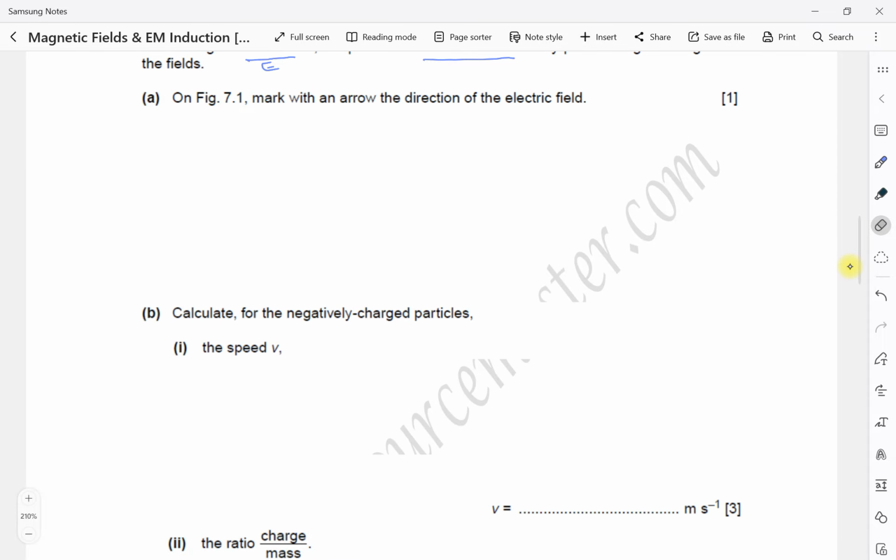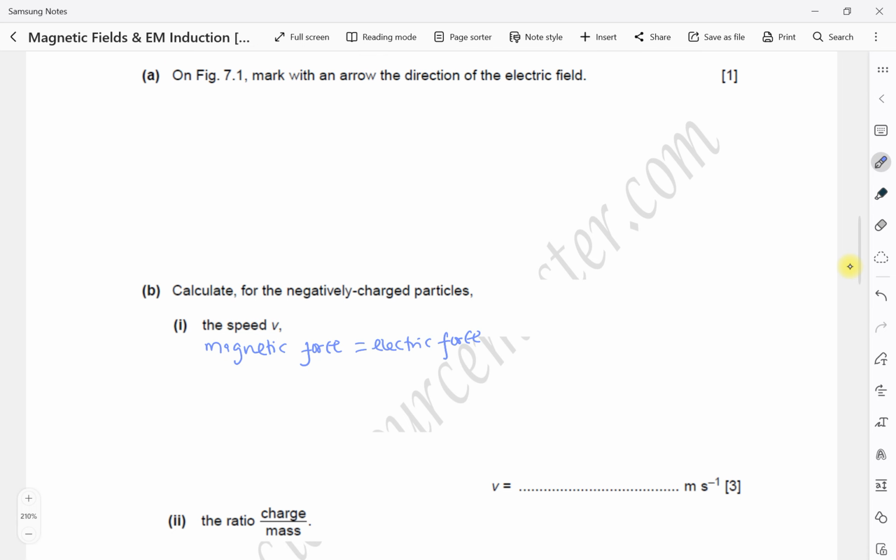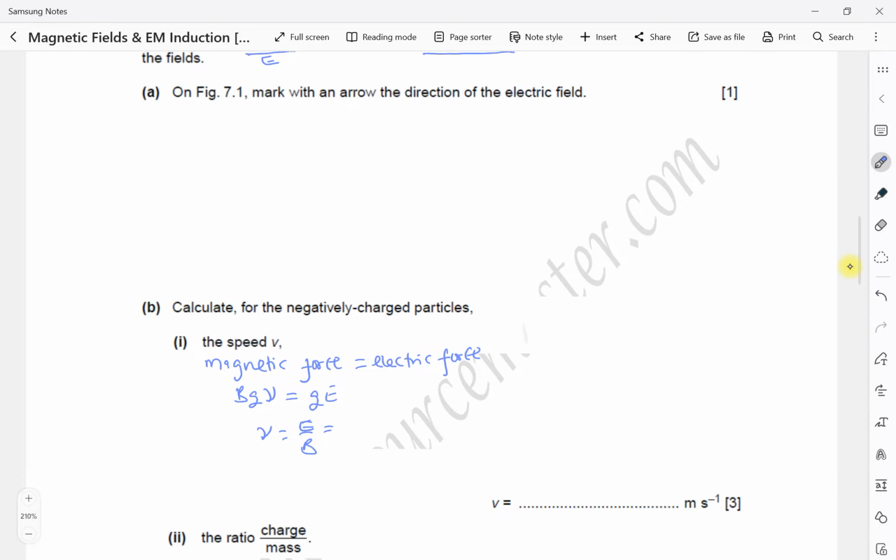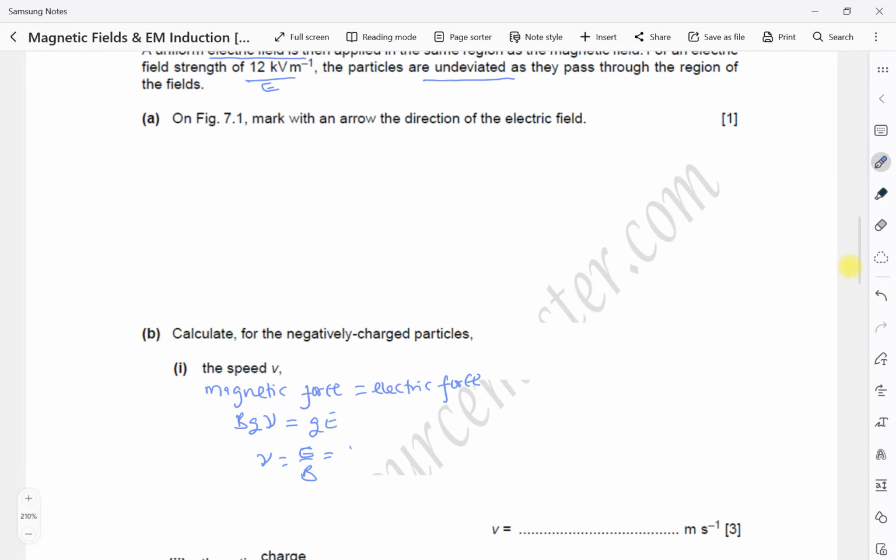Then calculate for the negatively charged particle the speed v. For no deflection, the magnetic force equals the electric force. So BQV equals QE, which means that V equals E divided by B. We can make the substitution. E was 12 kilovolts per meter, that is 12,000.